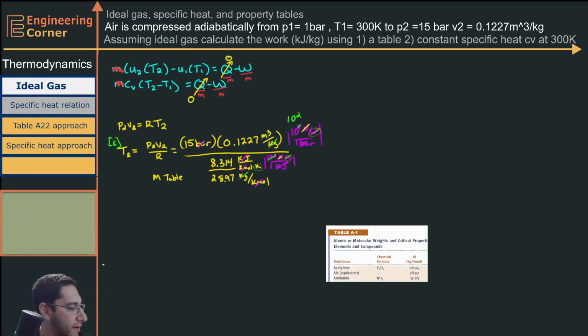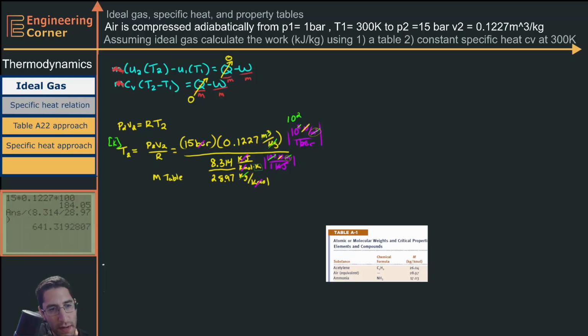Yep, so let's put that in the calculator. With the calculator, we get 15 times 0.1227 times 100 divided by 8.314 divided by 28.97.